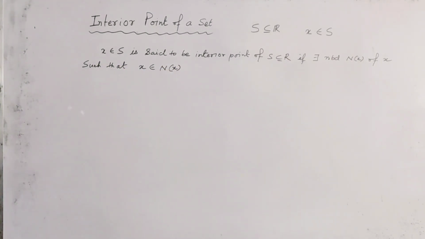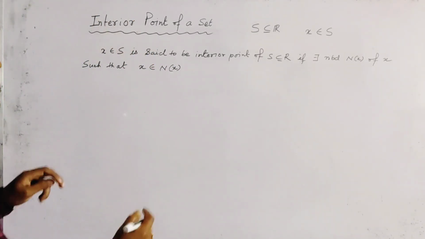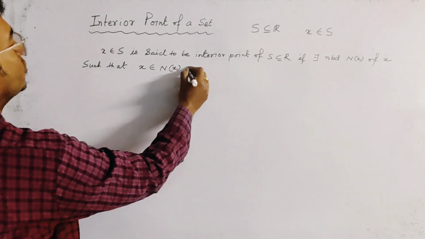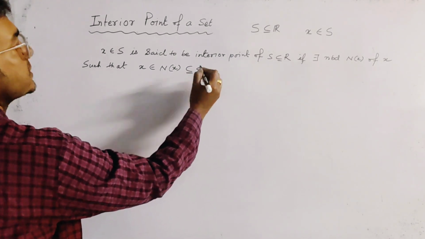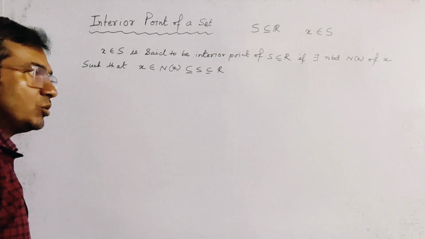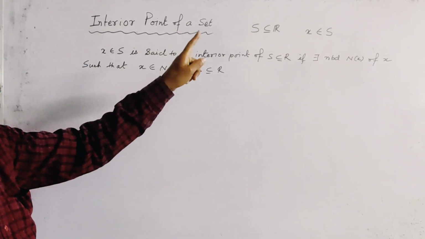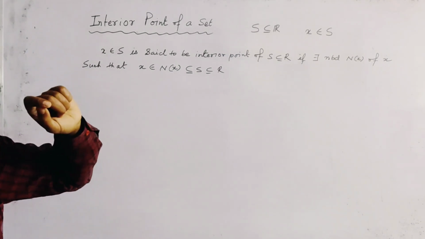It is obvious the point must belong to the neighborhood of x, which is totally contained in S, and S is a subset of R. In this case x is said to be an interior point of S.